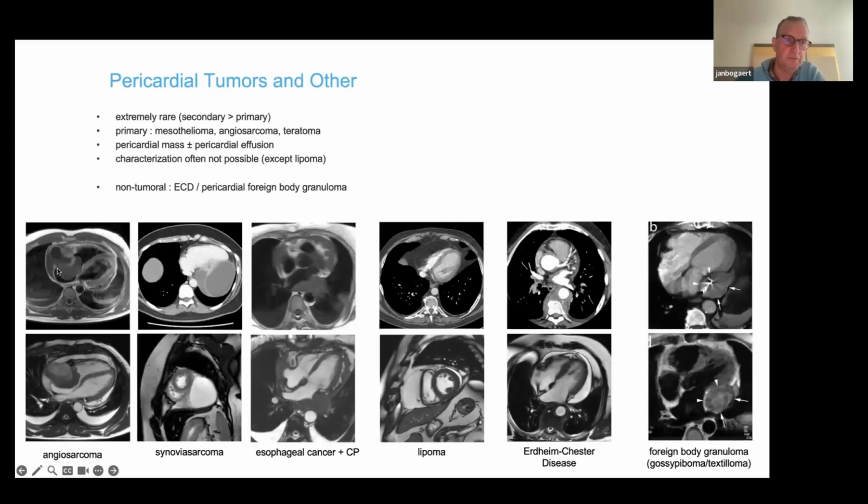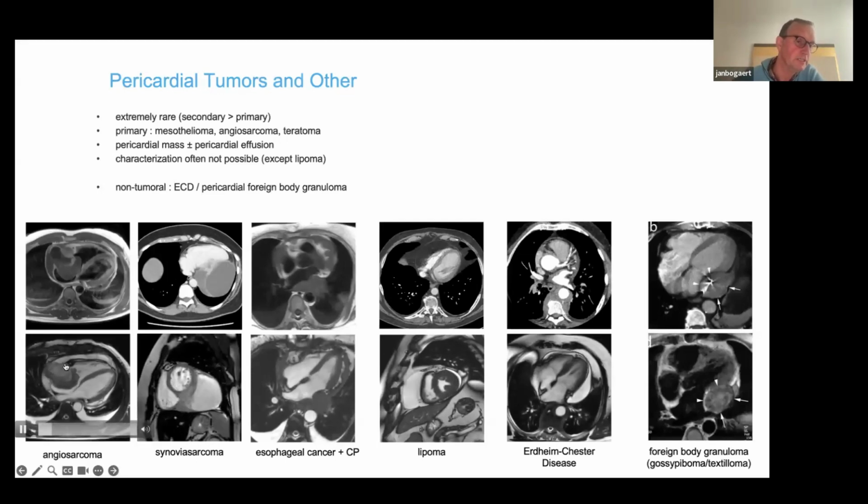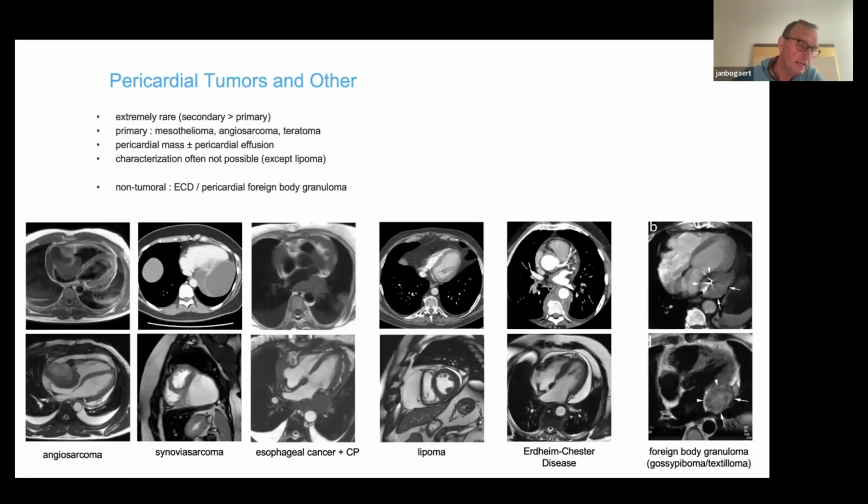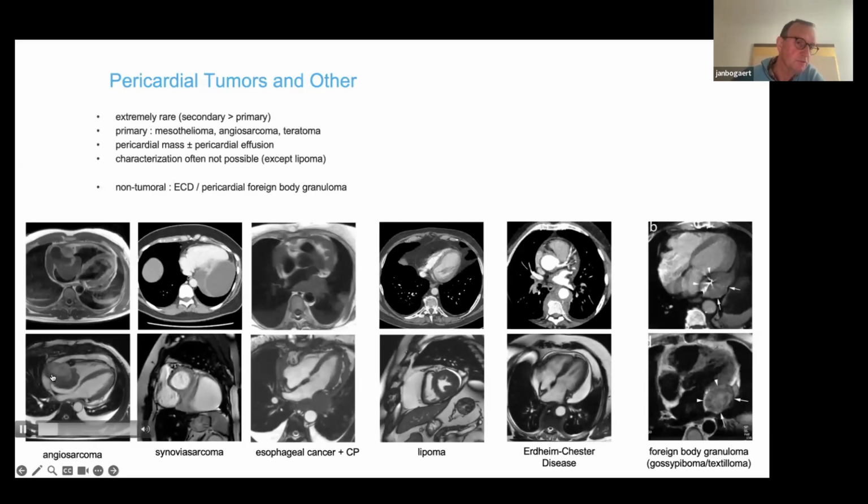I saw about 15 cases in 30 years, so one case every 2 years in Leuven. They typically arise from the lateral wall. They grow very aggressively, and at the time of diagnosis, they have very often already invaded the pericardium. You see diffuse involvement, some fibrin strands, and very often they already have lung metastasis.